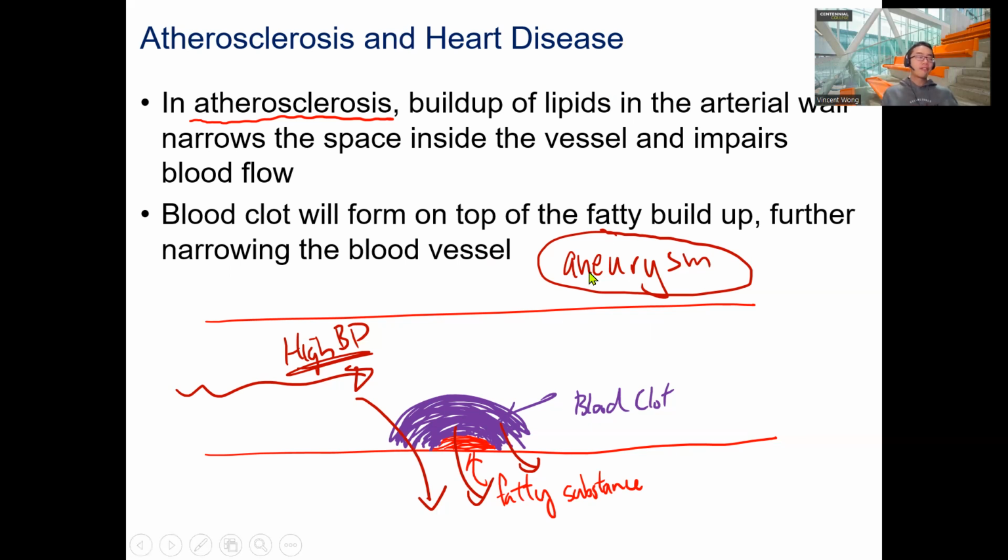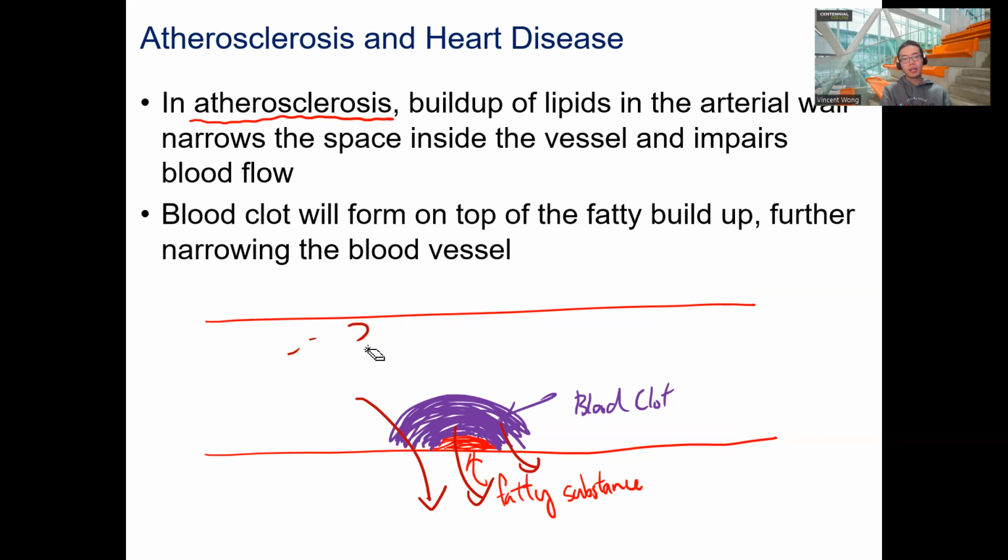And then the person could die from it. You might read about this in the news, some seemingly healthy person, after being hit in the head, either because they fell or bumped their head somewhere, just drops dead, right? A lot of the time it's because of an aneurysm. So that's pretty scary.